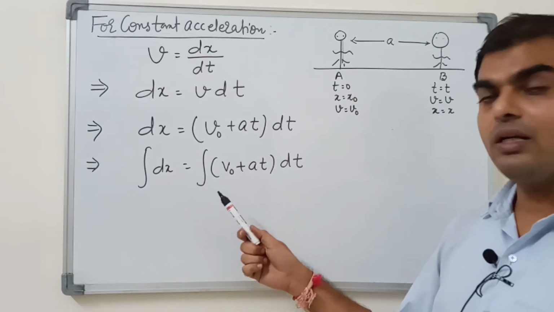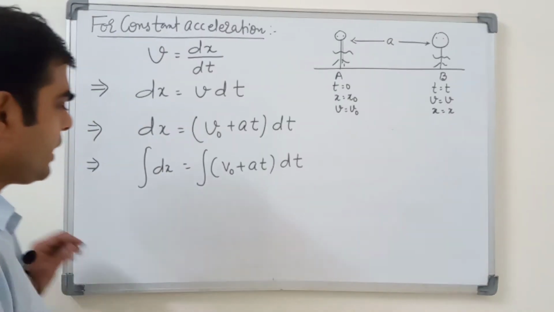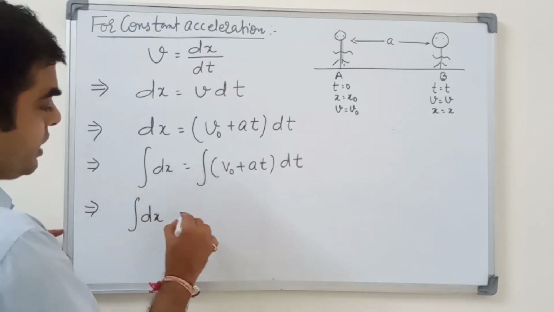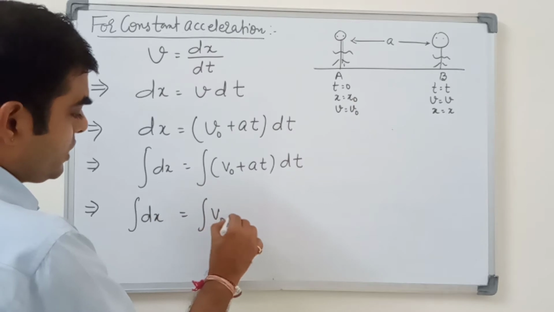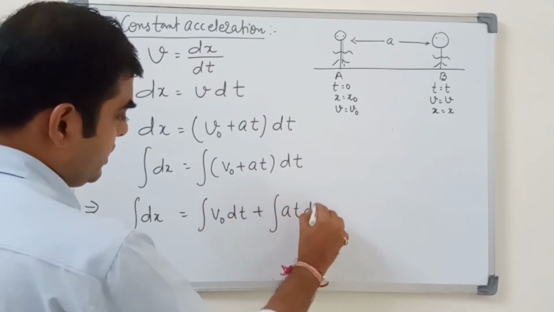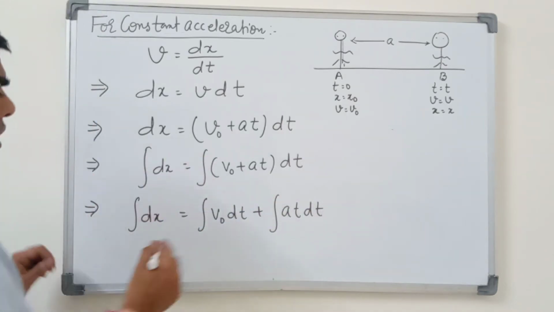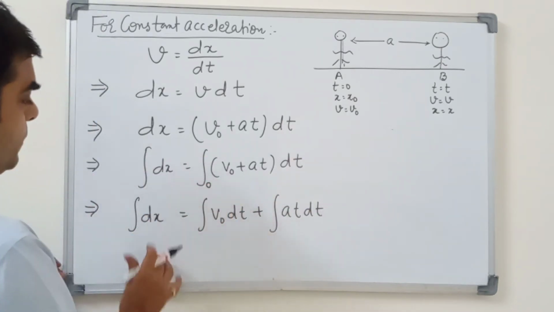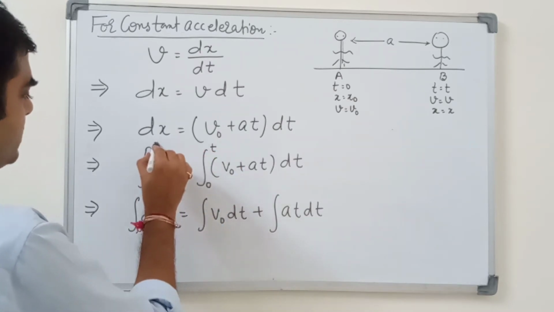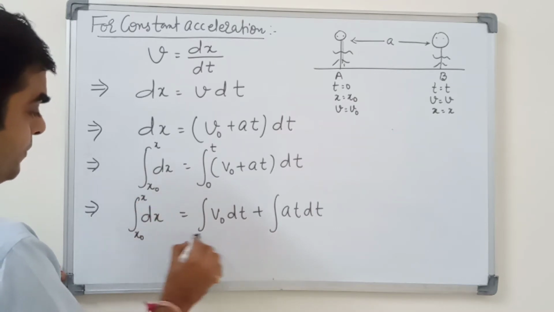So this is separated: v naught dt plus the integral of at dt. Now put in the limits: at time 0, the displacement is x naught, and at time t, the displacement is x. So x is the upper limit and x naught is the lower limit.